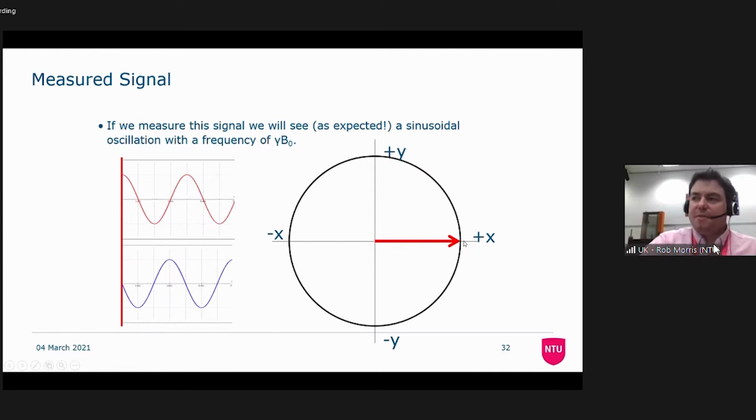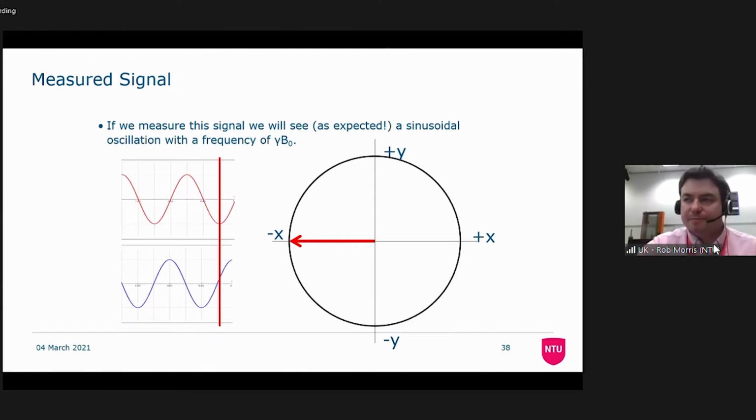And as our spins precess around in a circle, we'll trace out those curves which we see there. Okay, so our sinusoids make sense because we've got something which is traveling around in a circle. Now, the reason this is important is because everything that we're going to look at from this point forward is some sort of sinusoidal signal. And to start off with, it's sometimes a bit abstract as to why it's a sinusoid, but anything where something is traveling around in a circle is sinusoidal. Okay.